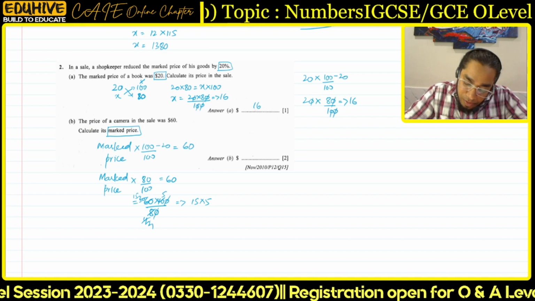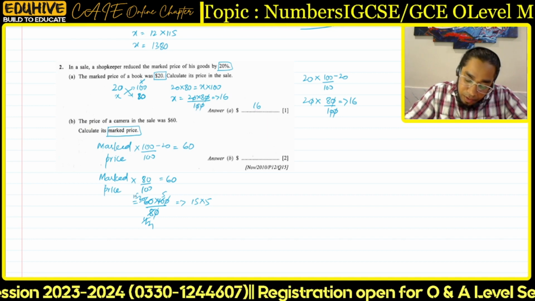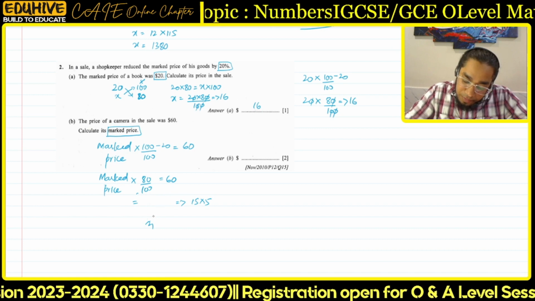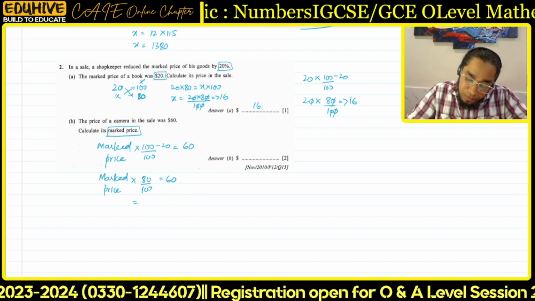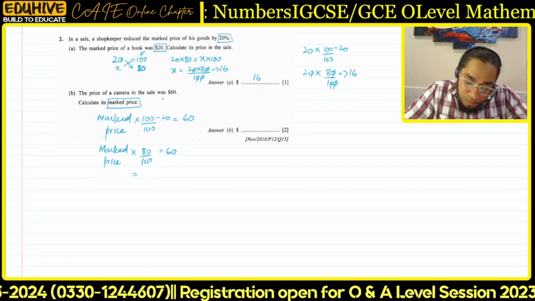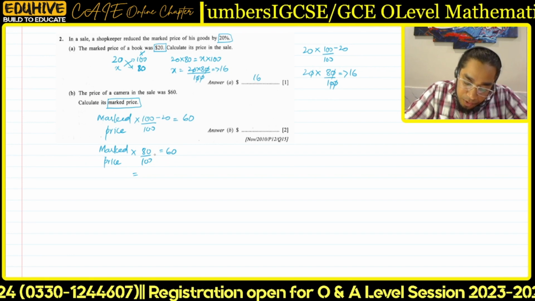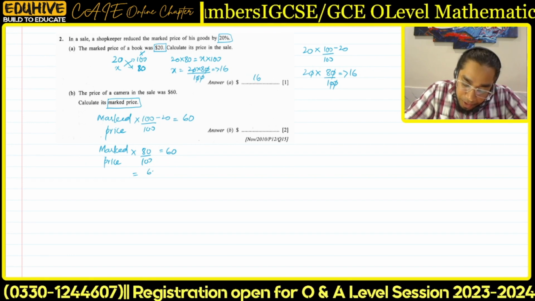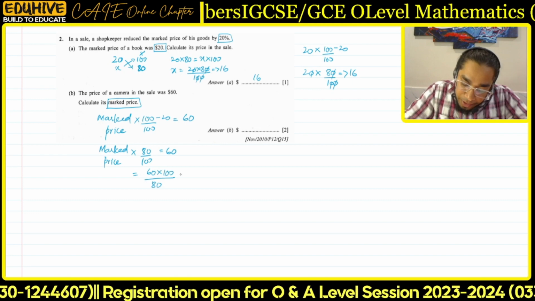What did I do? Did I make a mistake over here? Just a second. Yeah, it was in sale. We reduced the price by 20 and it became 80. So 60 into 100 divided by 80.